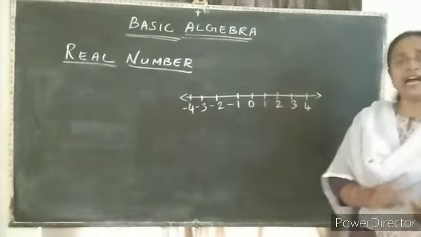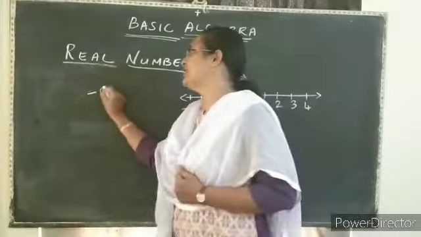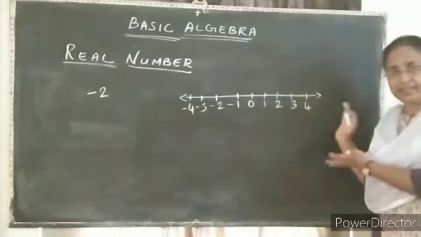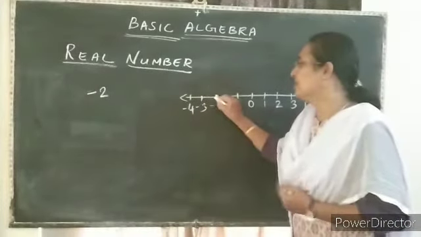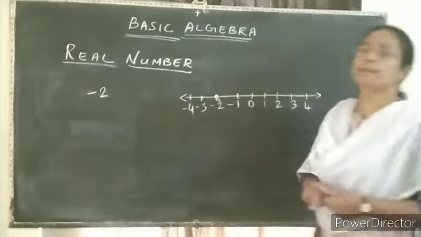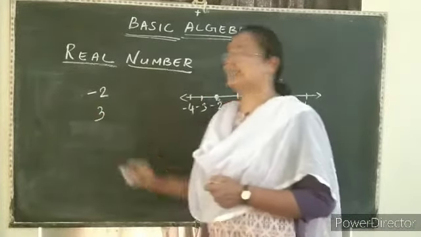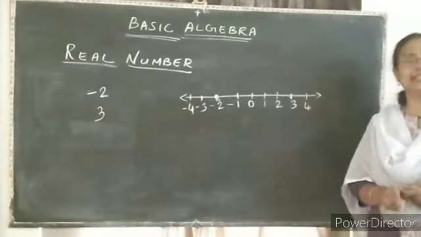Now if I ask you to plot the point -2 on this number line, you will be able to plot the point. Where is -2 now? Here. So we can plot the point -2. Now if I ask you to plot the point +3, here we have +3 and you will mark it here.